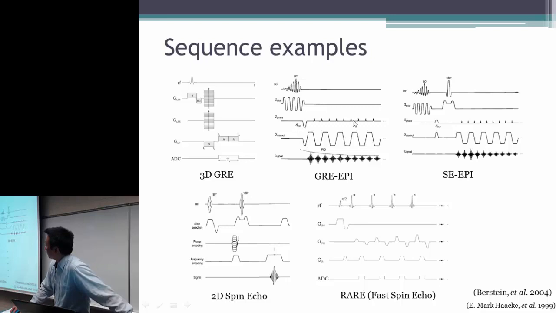This one has the functionality of signal phase encoding and frequency encoding, so we can consider them as the signal propagation. And also we have the readout gradient here to read out all these echoes. So these are some simple examples.